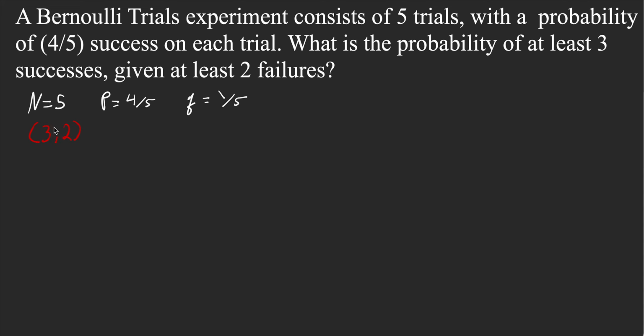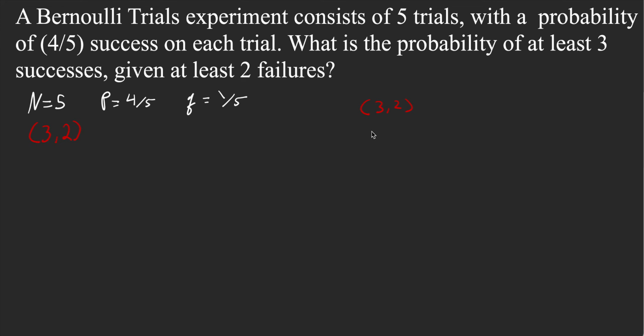So I think we only need to do 3 wins, 2 losses for the numerator. For the denominator, though, it's at least 2 failures, right? So you definitely have 3, 2 for that. But what else do you have?